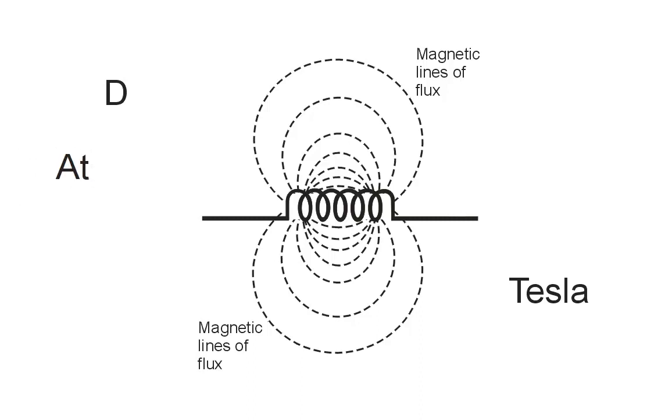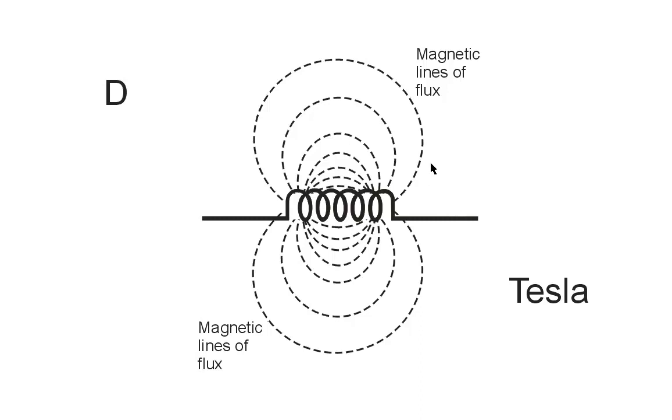That would be choice A, but that's wrong, because we're talking about the density of the magnetic lines of flux. The Ampere-Turn is a unit which expresses the overall quantity of magnetism produced by a current-carrying wire or a current-carrying coil of wire.